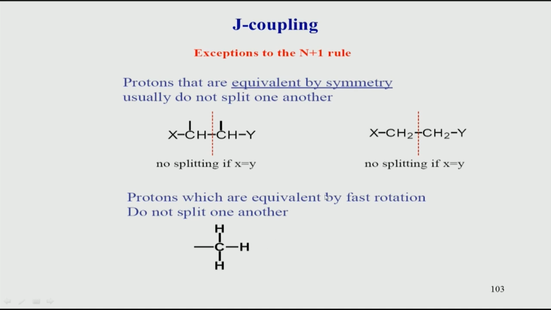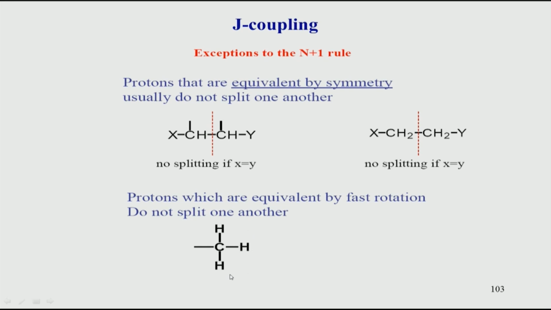That means between any two hydrogen atoms, if they are chemically equivalent, then they will not split each other, but that does not mean that there is no J coupling. It is just that the NMR is not capable of revealing the coupling between two equivalent hydrogen atoms.